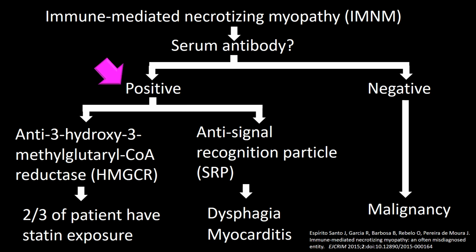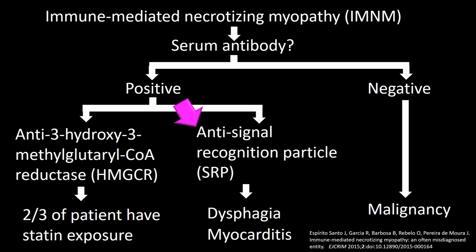If positive, the diagnosis of IMNM is confirmed. You will find that those positive for HMGCR are likely to have been exposed to a statin, a medication usually taken to lower cholesterol.